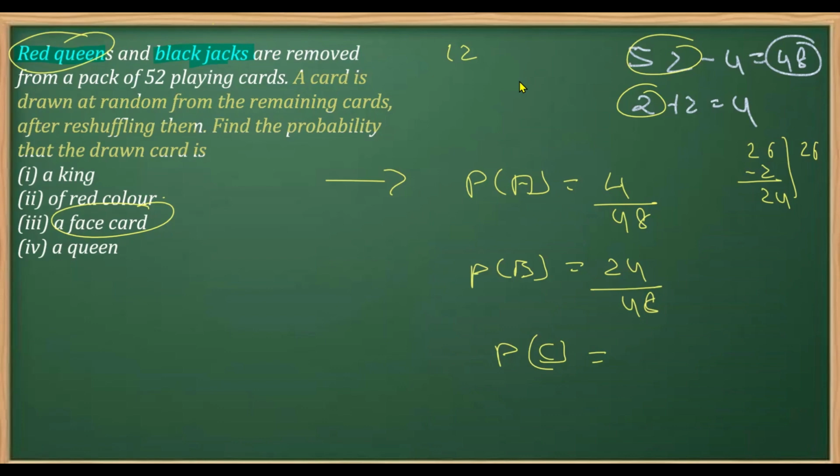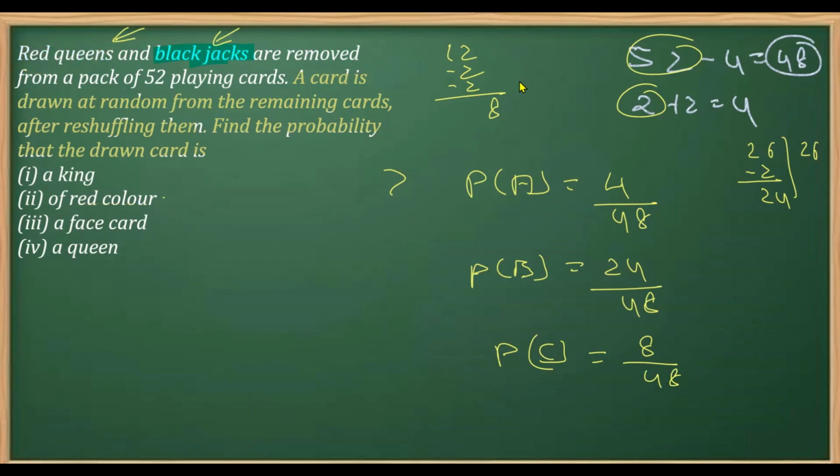King, queen, and jack. So as you can see, two red queens and two black jacks are removed, and they are face cards only, right? Jack and queen are face cards. So out of 12, four of them are removed. So we are left with how much? 12 minus 4, which is 8 face cards. And the total number of cards is how much? 48 here.